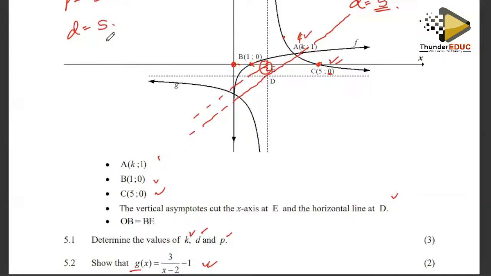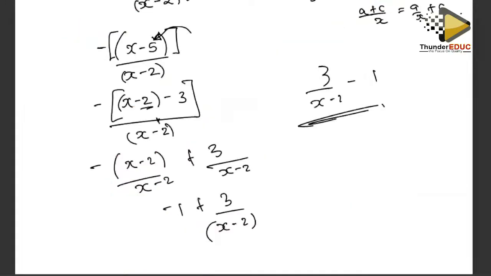If we have 5 and 0, the equation is x plus 3, meaning that we are moving this graph some 3 units.